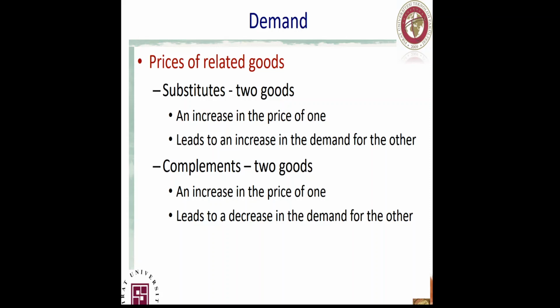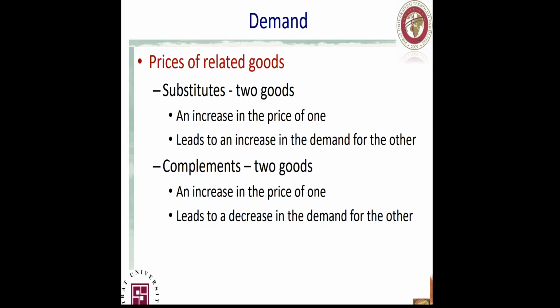An increase in the price of cars will usually decrease the consumption of oil, and an increase in the price of oil or petrol will decrease the consumption of cars.